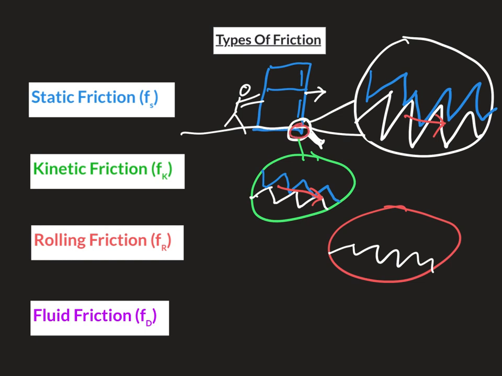Let's say that I put a wheel on the bottom of this. These wheels would have semi-rough surfaces too, but they're rounded, meaning it's going to just roll on top of it, so we'll be going in and out of the grooves, and so it's going to have even less friction than the kinetic friction.